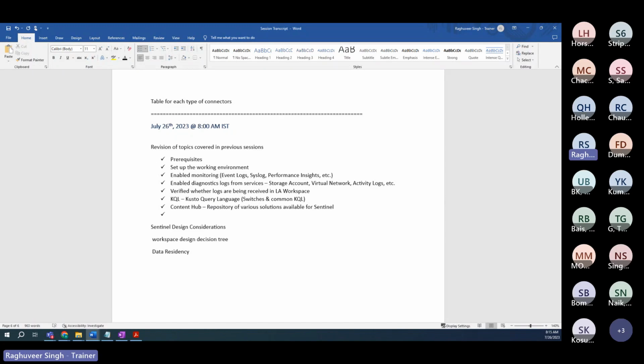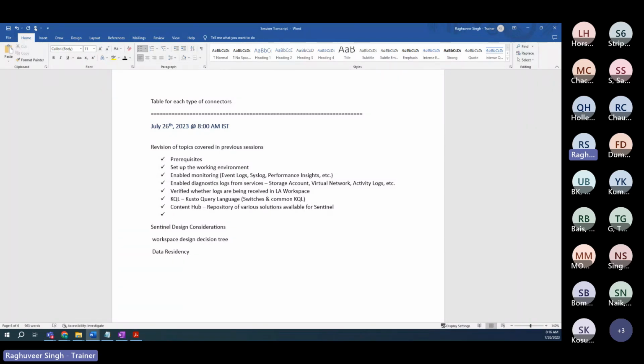And Content Hub now, so Microsoft has done a lot of changes in the past, and they keep on doing those changes. They will continue to change it, but they change to improvise, to enhance the end user experience, to make it simple. That's why they change the technology, they change the options within a specific service or technology.